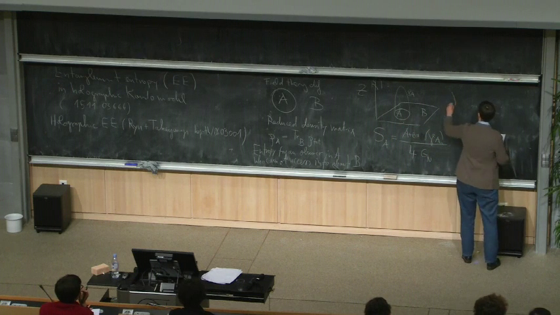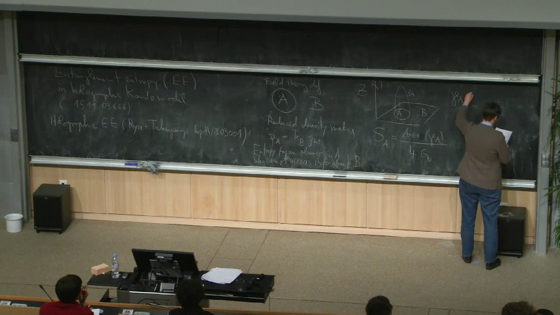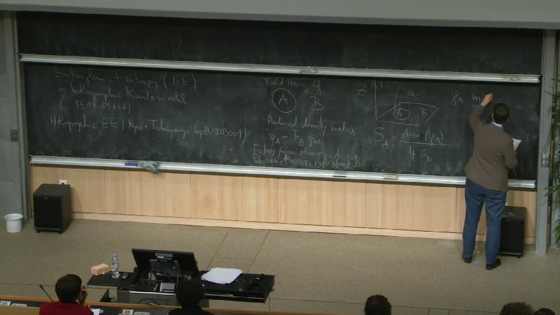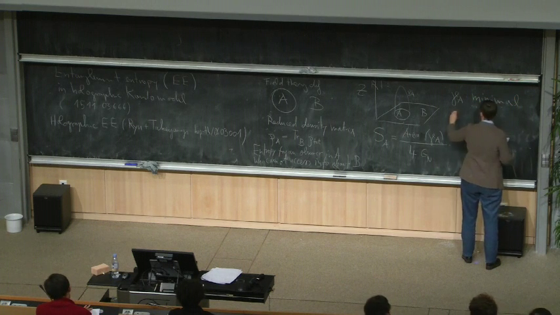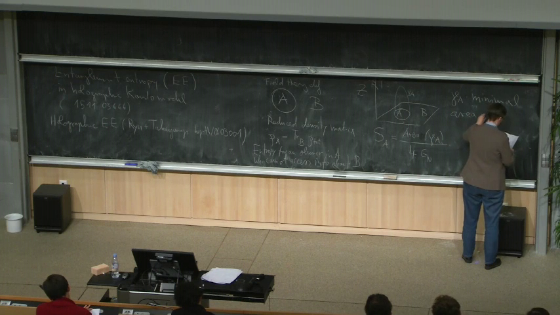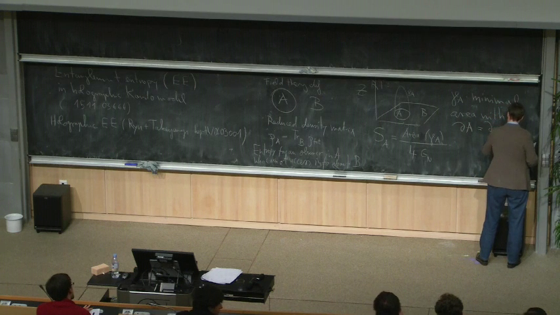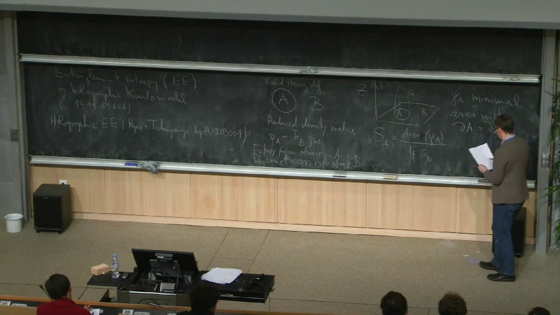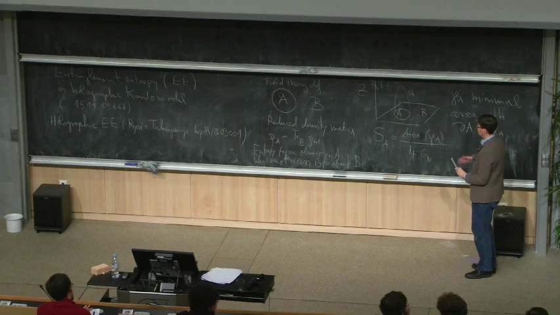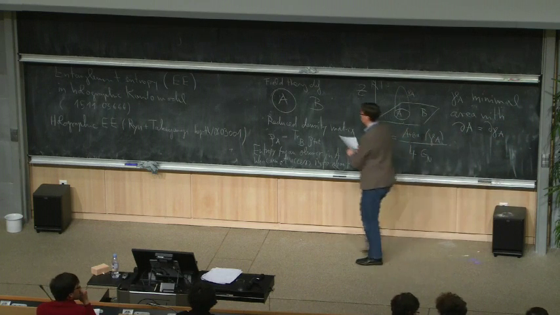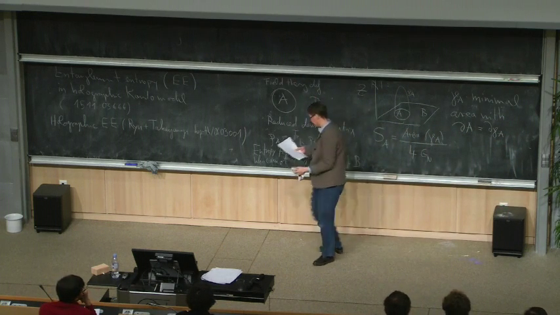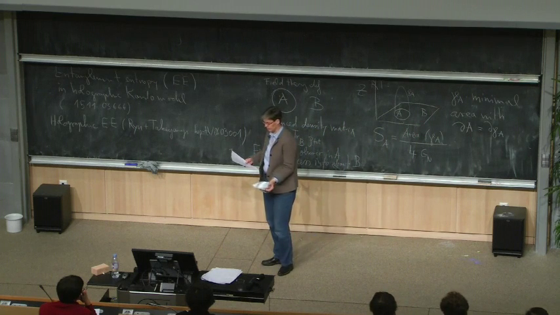So gamma A is the minimal area with the boundary of A coinciding with the boundary of gamma A. Obviously since AdS is a non-compact space, this is actually going to diverge and regularization is required.